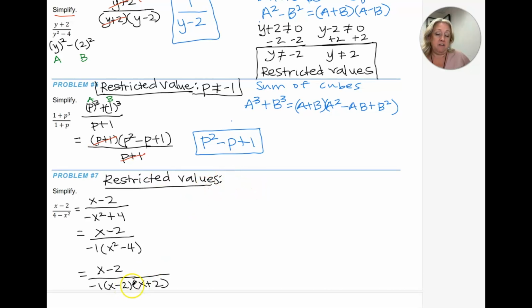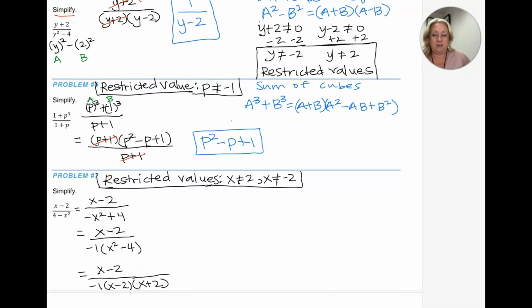So our restricted values on this, we're going to have 2 of them. X cannot be positive 2 because it would make this first factor go to 0. So x cannot be positive 2, and x cannot be -2.